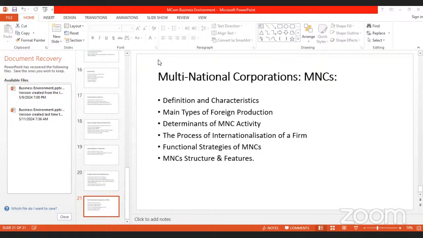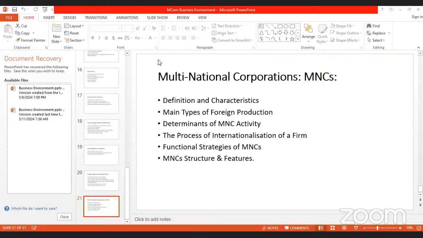That means you need to communicate properly as well as know the cultural differences between you and the host country. Next feature is innovation and research and development, that is R&D. Continuous investment in R&D to innovate and maintain competitive advantage. That is one feature of MNC. Next is CSR.